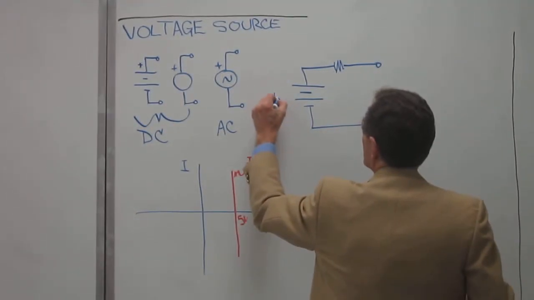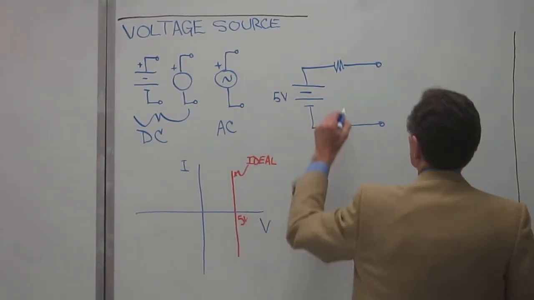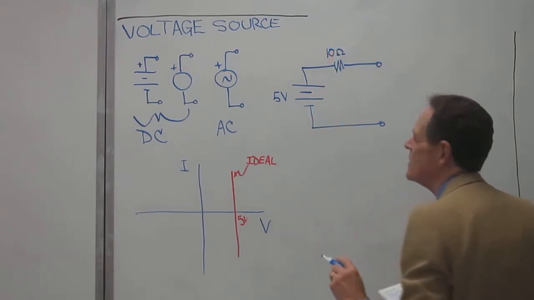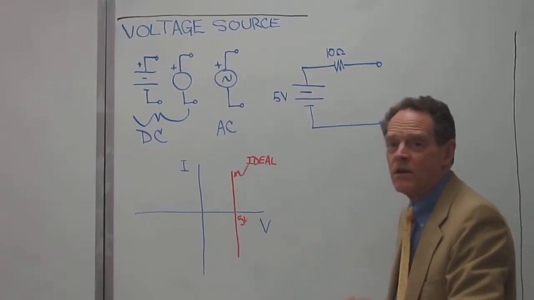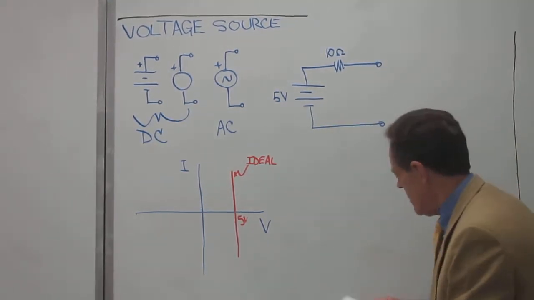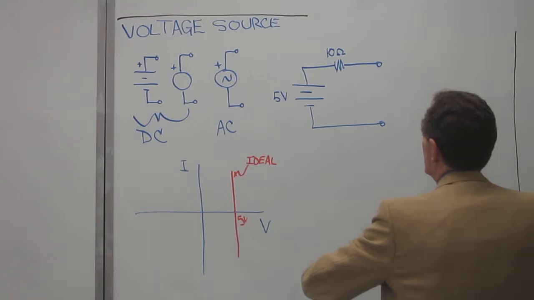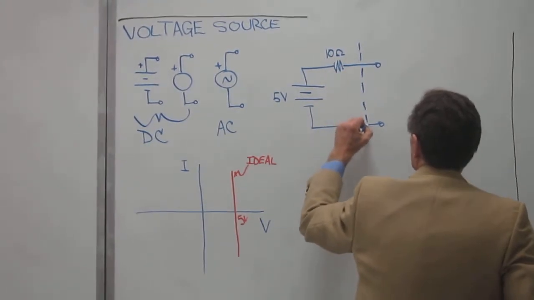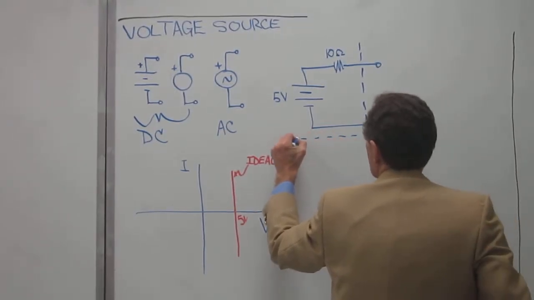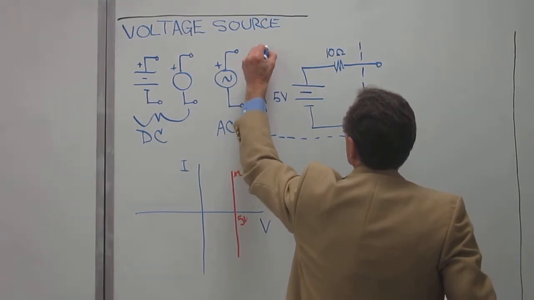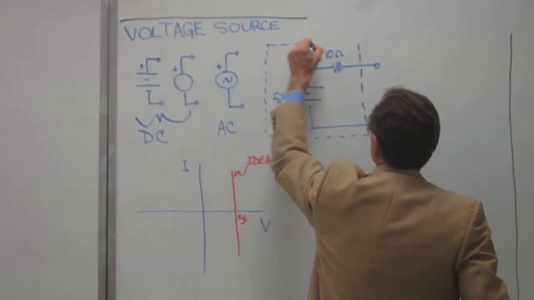Let's just say, for instance, it's 5 volts, and we've got possibly, and this is kind of not very good, but we'll just say for the sake of argument here, that we have a 10 ohm resistance that is part of the battery itself. It's inside the battery, and so I'm going to draw a dashed line to indicate that this is all part of the battery itself.